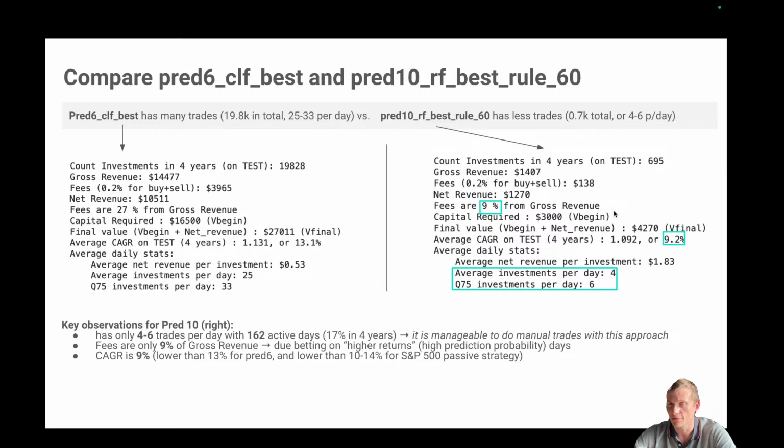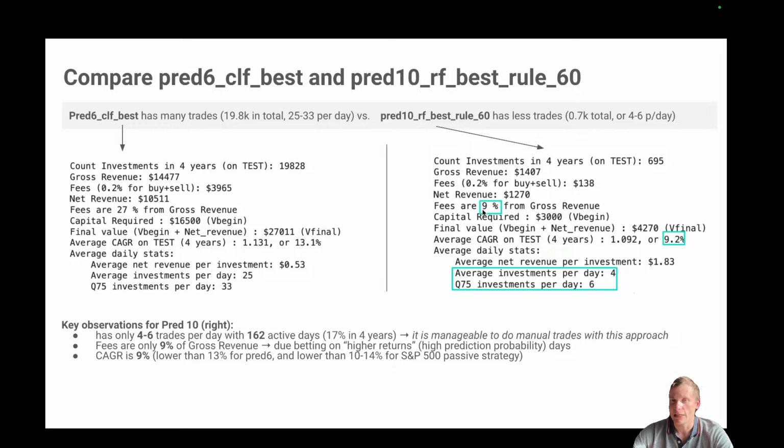So if it goes mad and says 5 days in a row that you need to invest in 6 investments per day, you will need to spend all 3,000 of capital. In this case, what is different is that we have a modest gross revenue, 1,400, we have net revenue 1,200, but if you divide 1,200 by 3,000, you will get 9% of CAGR growth with fewer investments.